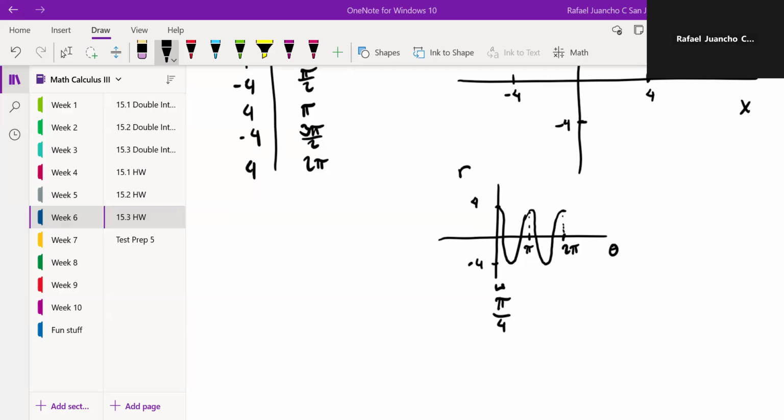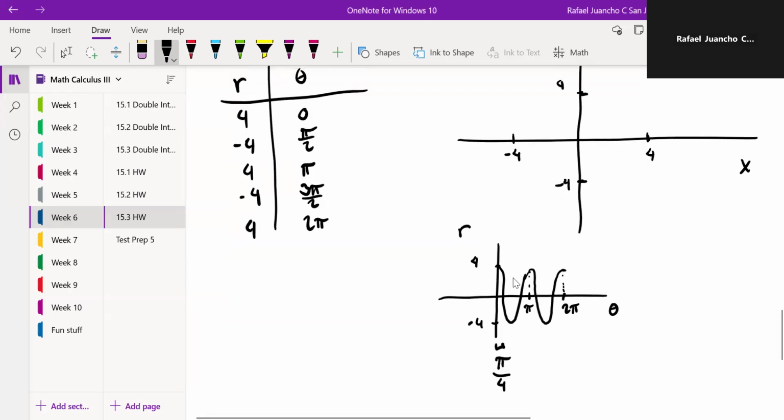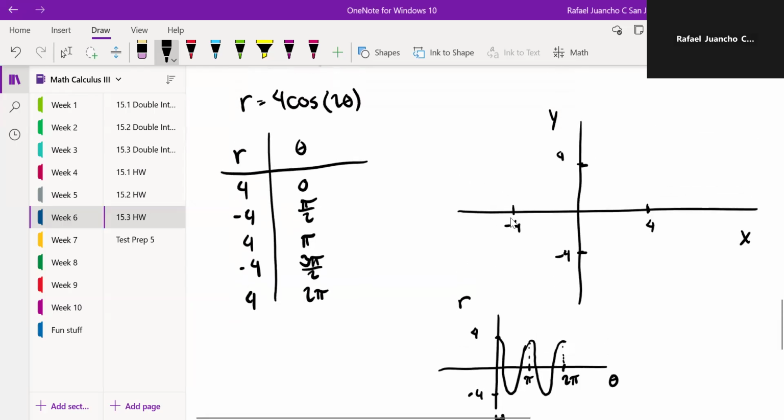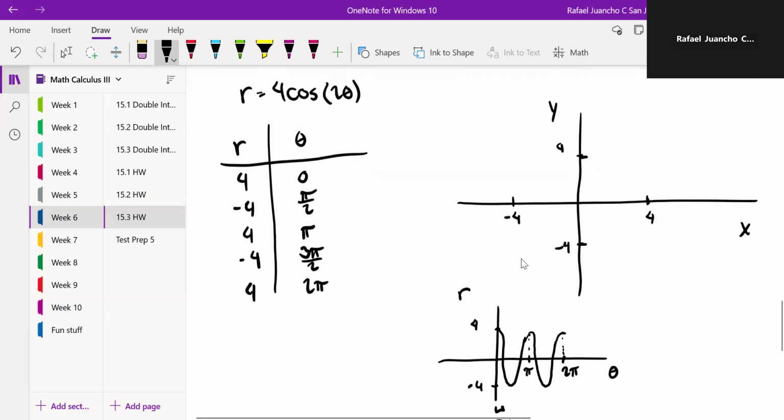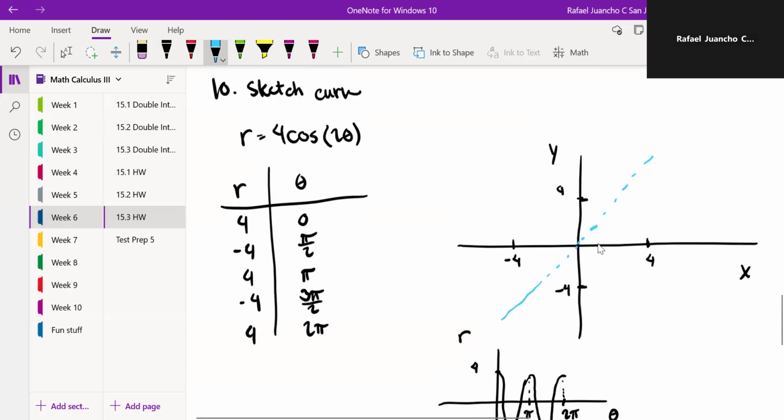Yeah, so we take note of this, right? So at 0, when my theta or my angle is 0, I'm at 4, right? And then once I approach pi over 4, which is basically half of this thing, this thing is pi over 4 because this is pi half.